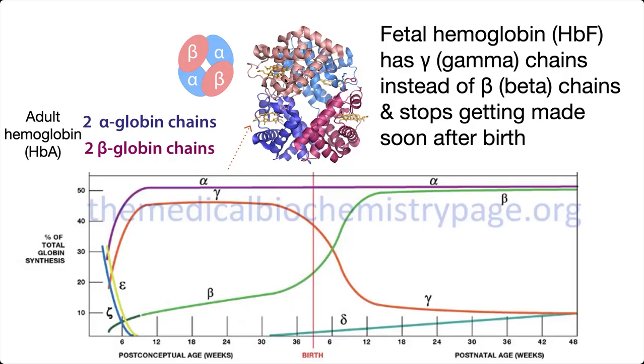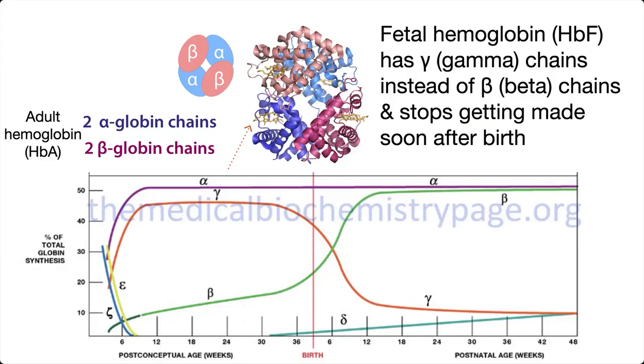And instead of the alpha chain, so instead of these blue chains, the fetus would have the gamma chains, which are very similar, but they have important differences. And these gamma chains stop getting made soon after birth and get replaced by the beta chains. And so after birth, you stop making the fetal and you start making the adult hemoglobin.